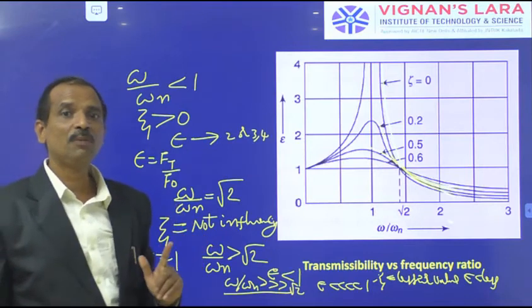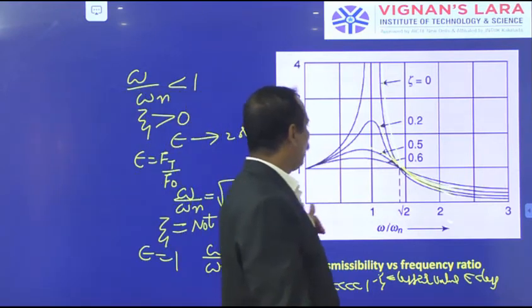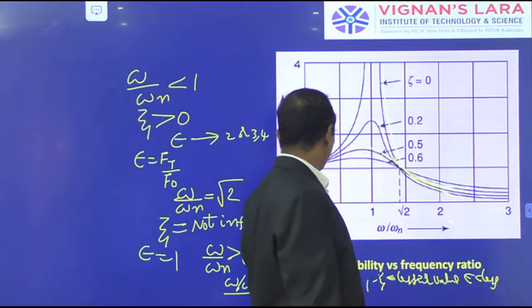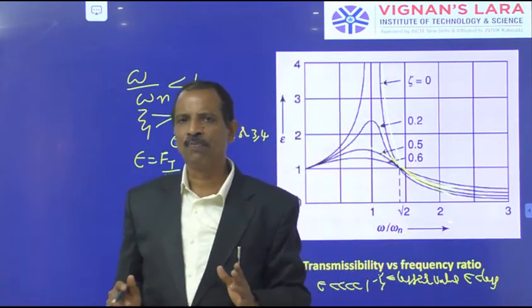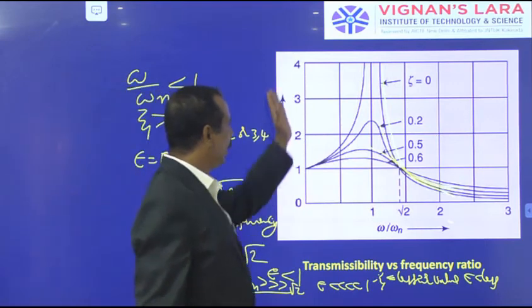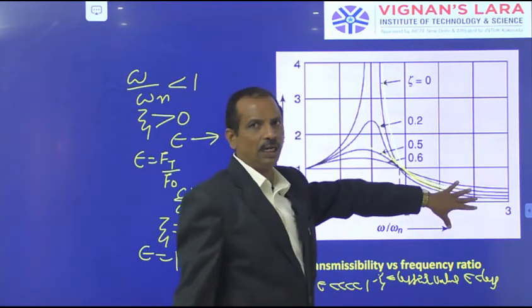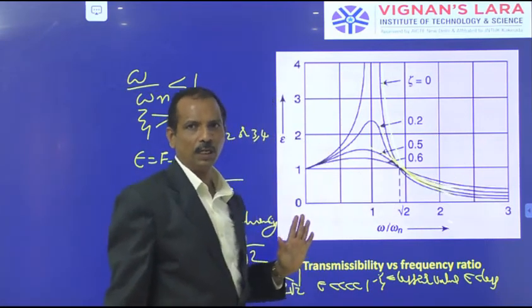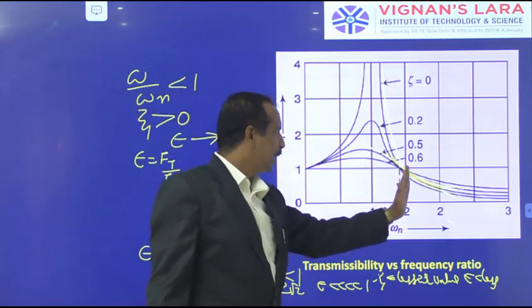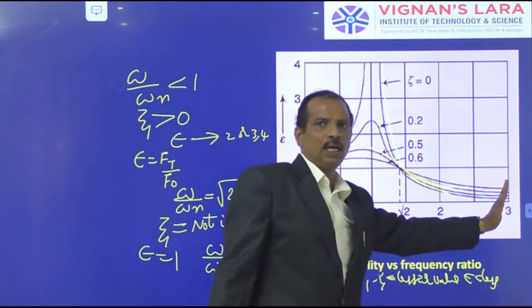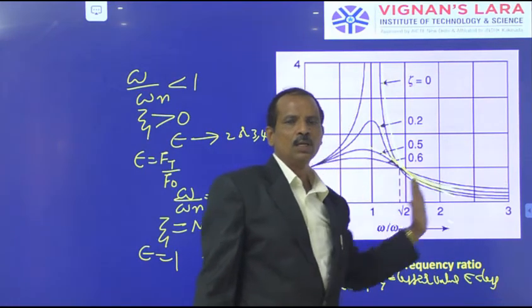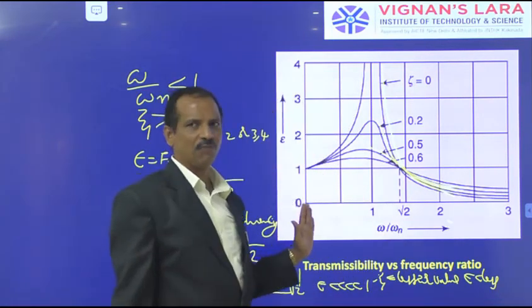But keep one thing in mind: you cannot run your equipment from the beginning, 0, to this speed without skipping anything. It has to pass through all the speeds in between, and only then does it reach this particular speed. So you can cover this area in a lesser time and run the equipment more in this region, so that your equipment will be safe.